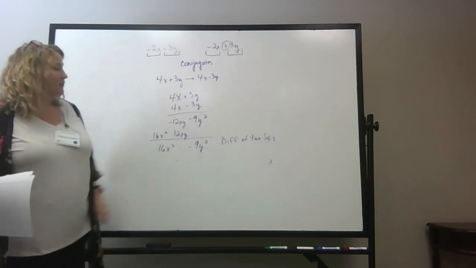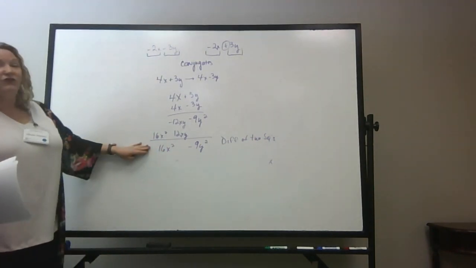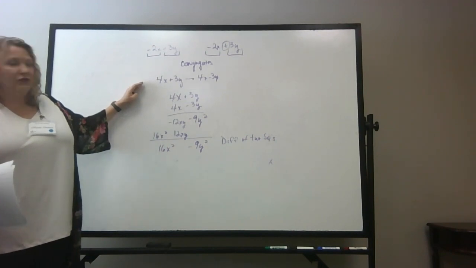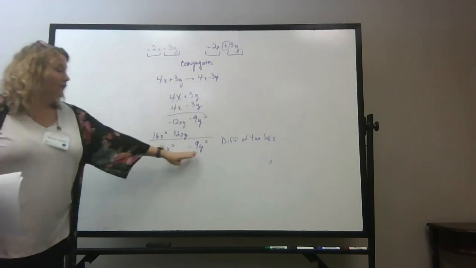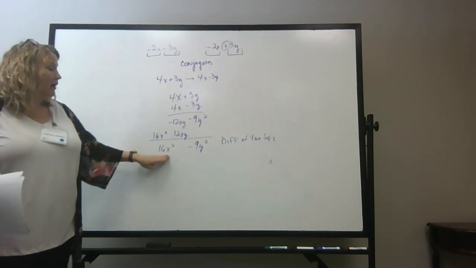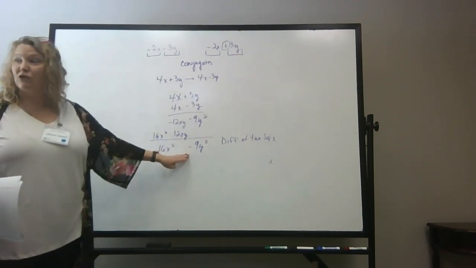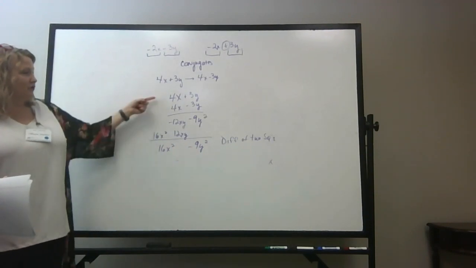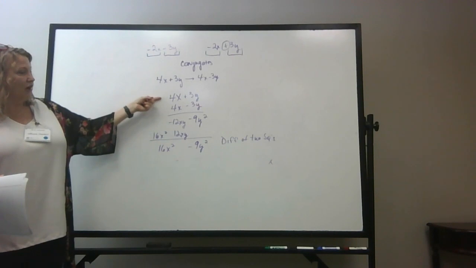And I've subtracted them. So we're going to work backwards. What we've learned here is if you have an expression made up of two squares that are being subtracted, the difference of two squares, the answer is going to be these two conjugates.